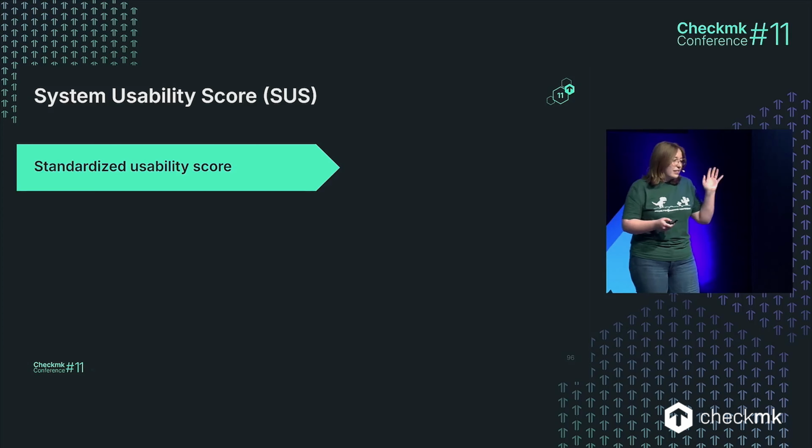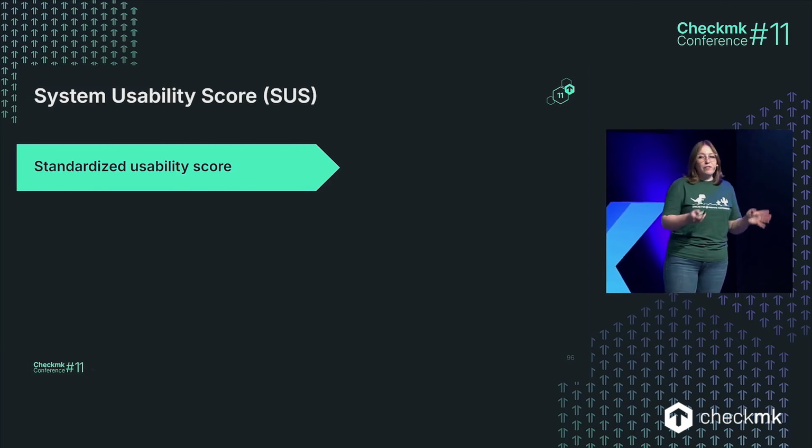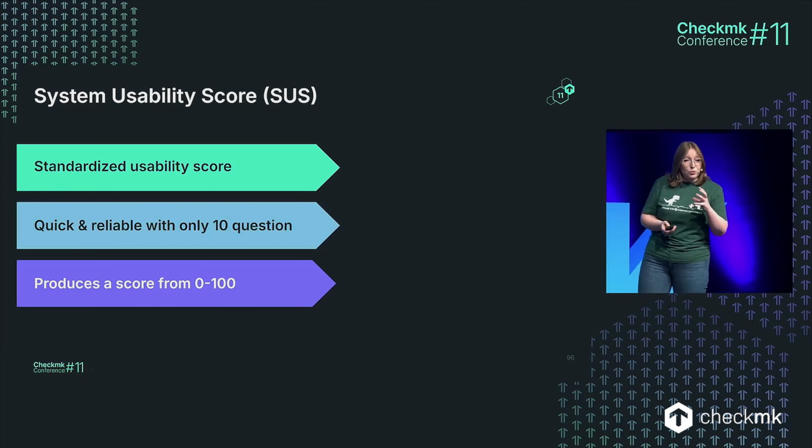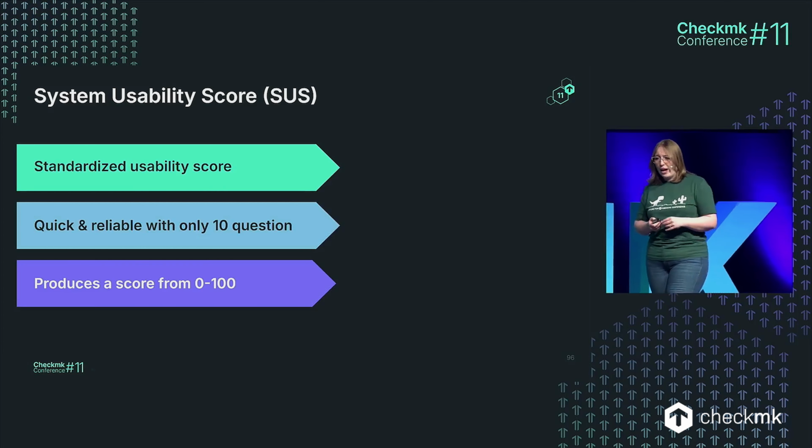I'm a numbers person, I love stuff like that. There are many ways to measure the usability of something, and we decided to go with something that's called a system usability score, which is just a standardized usability score with only 10 questions, which makes it very quick and reliable to use. In the end, it produces a score from 0 to 100.